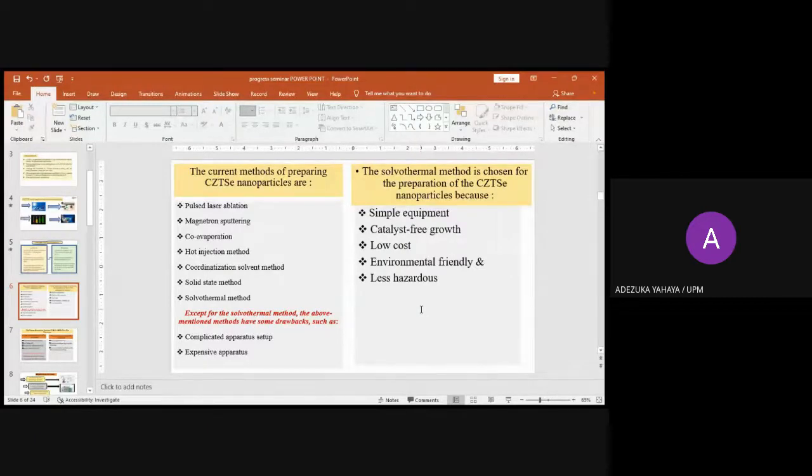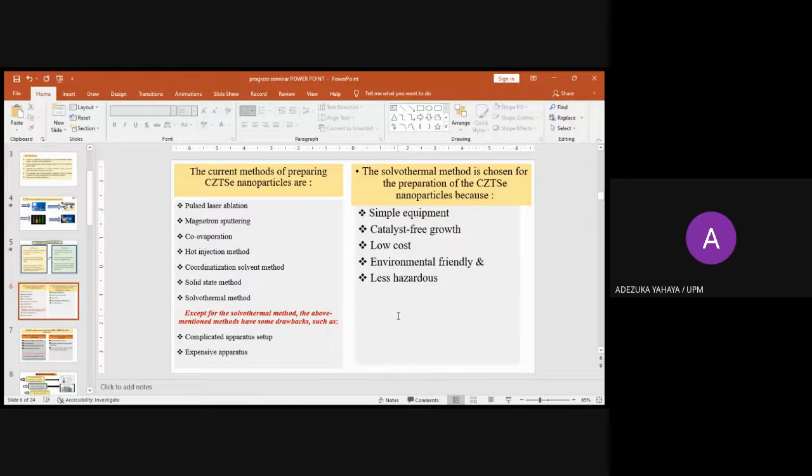Here in my work, I have some of the current methods that have been used to synthesize this compound. You can see pulse laser ablation, magnetron sputtering, co-evaporation, hot injection method, coordination solvent method, solid state method, and solvothermal method.